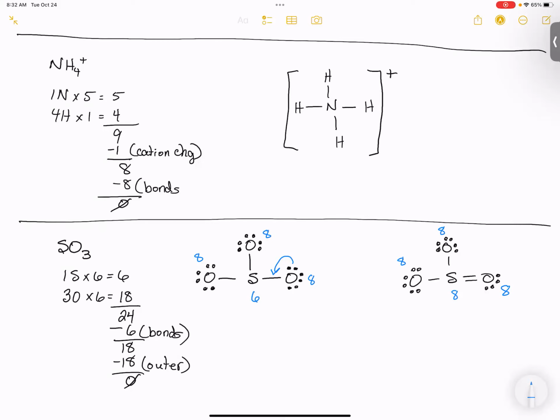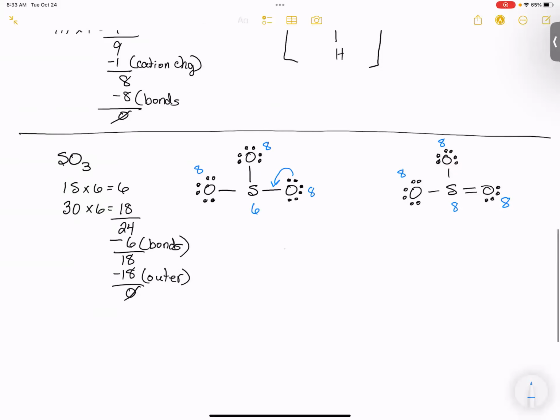Now, here is where we run into an issue though. So far, we've just followed the rules, but sulfur is in period 3 or greater. So you have to ask, do I need to expand the octet?